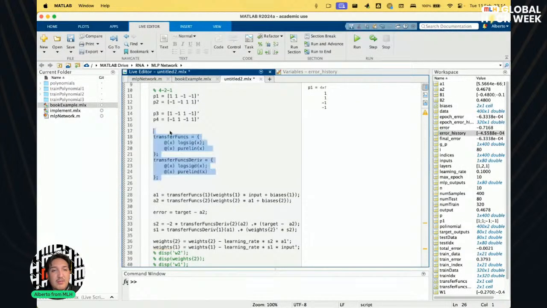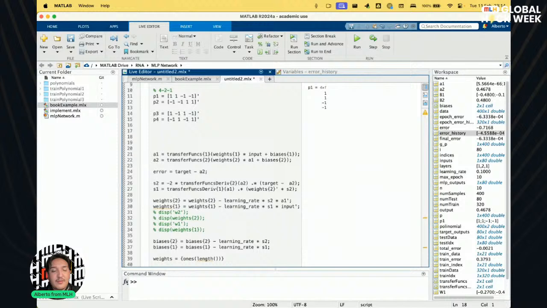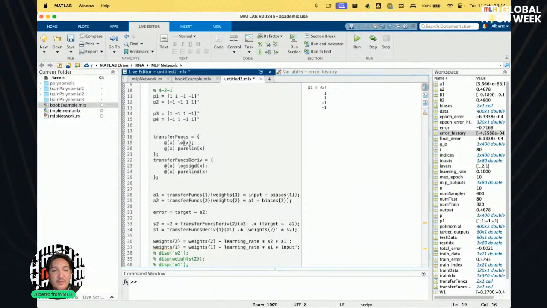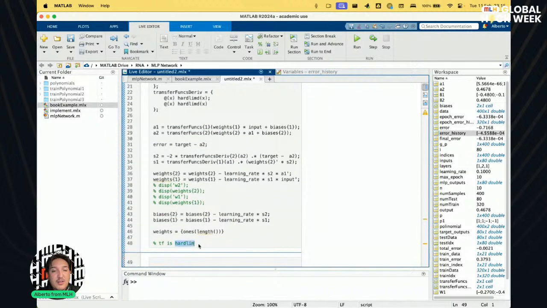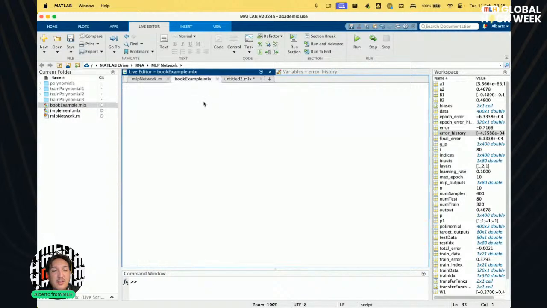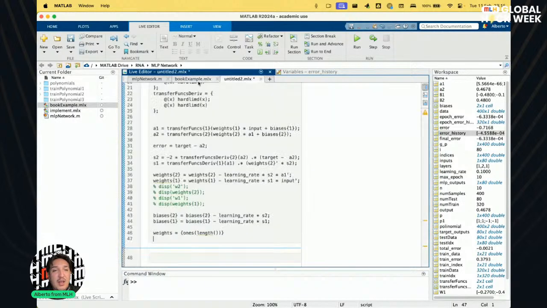So hard limit, and hard limit. And for the derivative, it's going to be the hard limit derivative and the hard limit derivative. Now we need to add that, of course. The functions for hard limit, I have here.